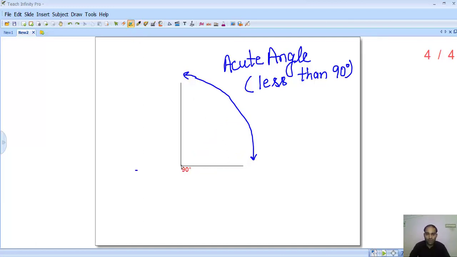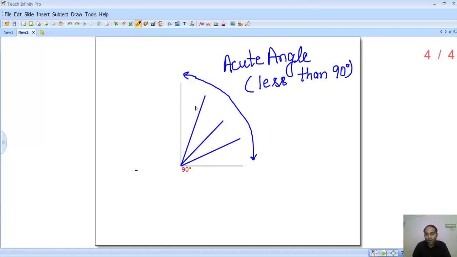Now see, all the angles which come at this side, now see these angles, these all angles are less than 90-degree angle.